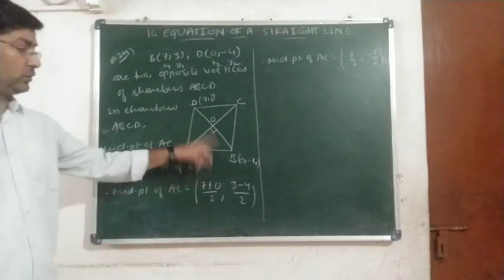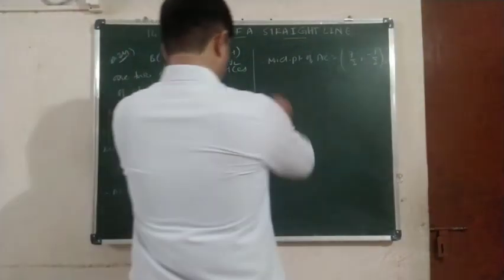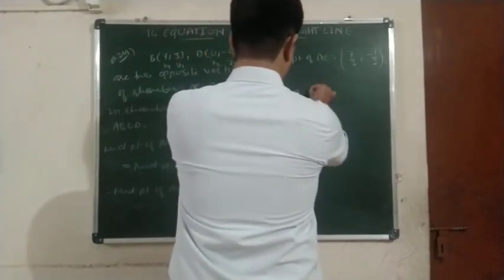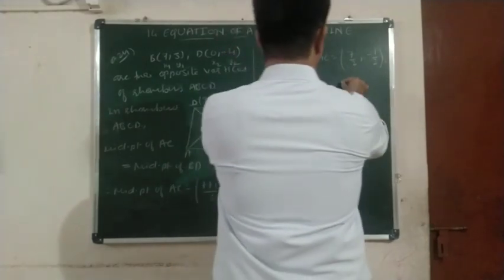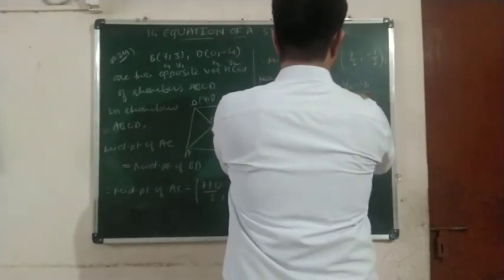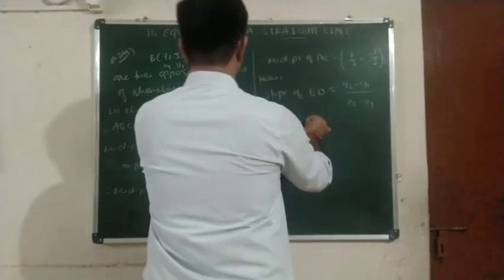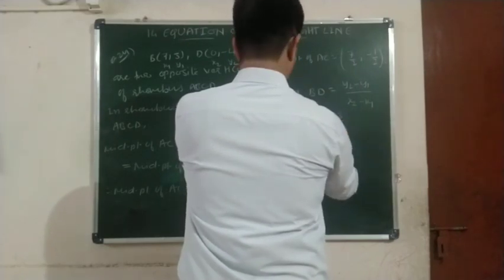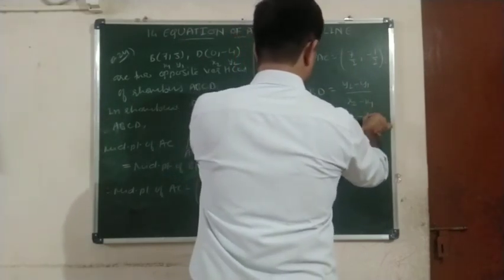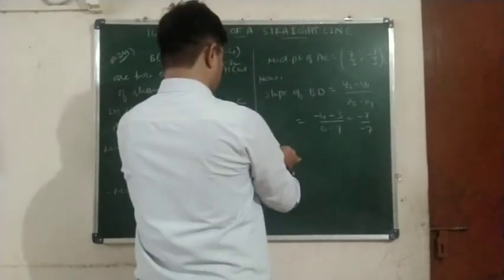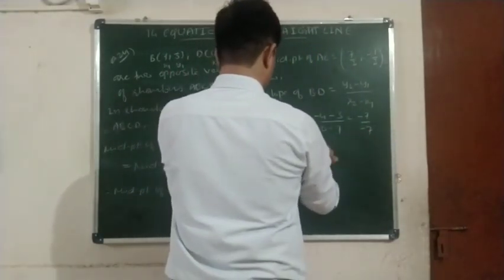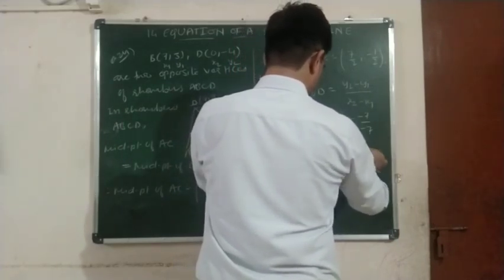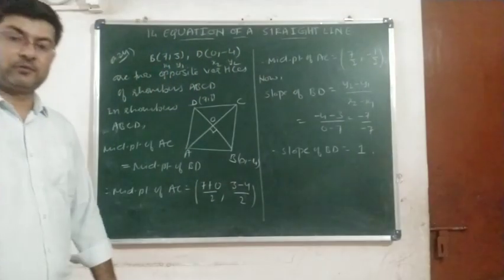Now let us calculate the slope of BD. Slope of BD equals y2 minus y1 upon x2 minus x1. So minus 4 minus 3 upon 0 minus 7, so minus 7 upon minus 7. Therefore slope of BD will be equal to 1. Okay, so we got the slope of BD.